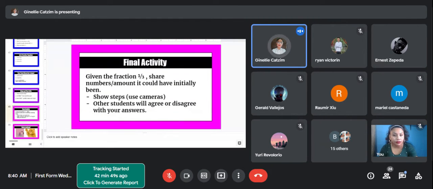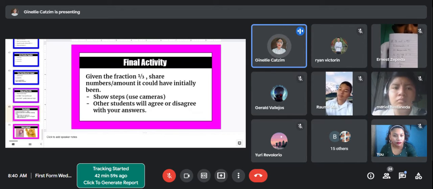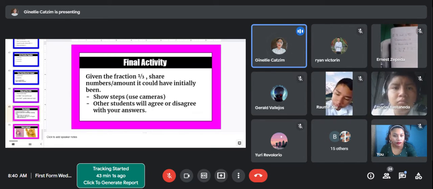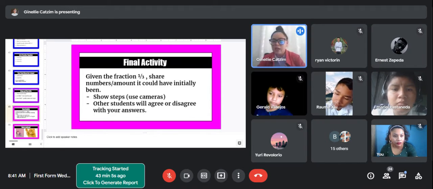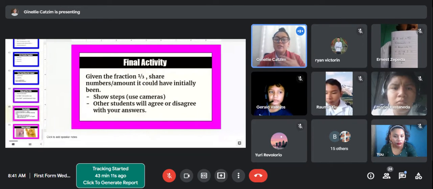Show your steps. Just write your little working there. That's really very easy. For example, I gave an example. The initial could have been 1/3, and we just have a simplified fraction there, right? We do not have to simplify anymore. But we could also have other fractions.